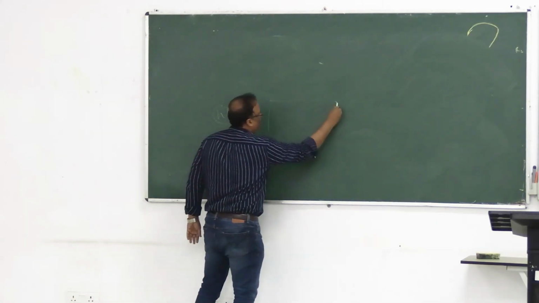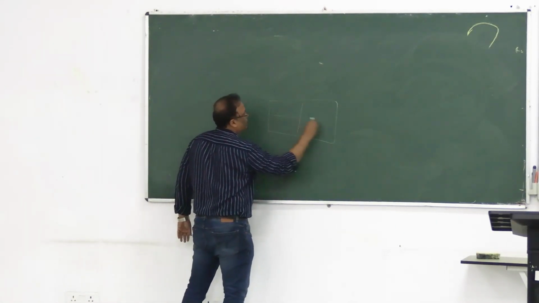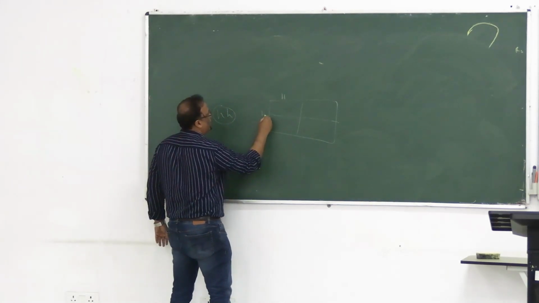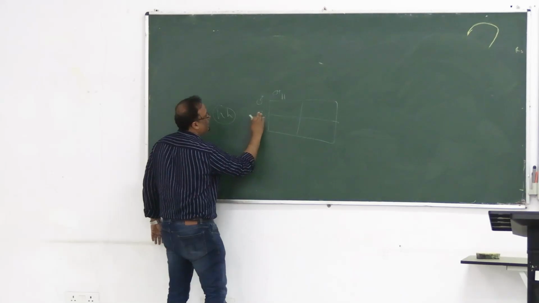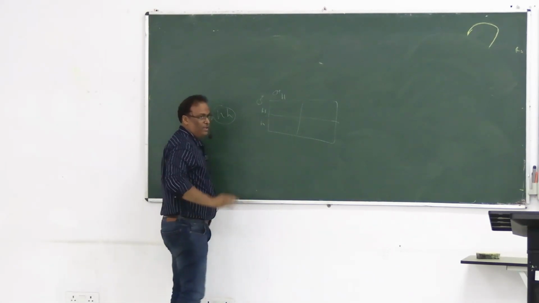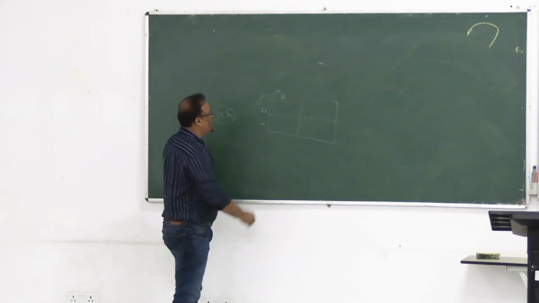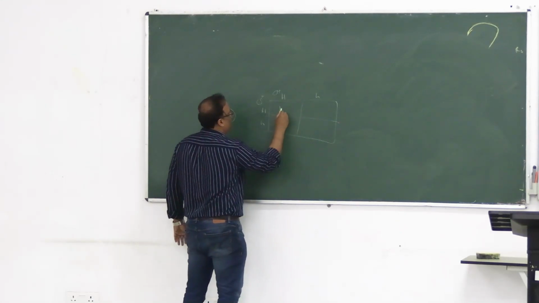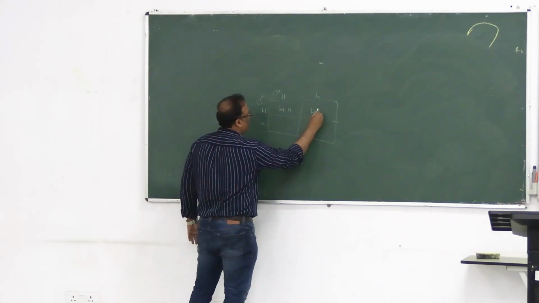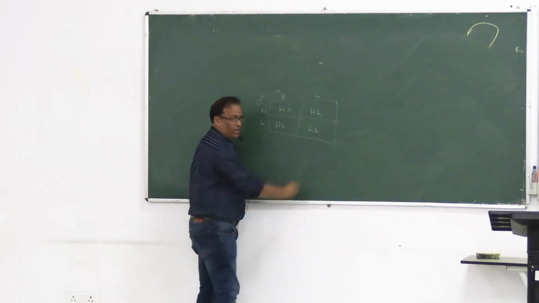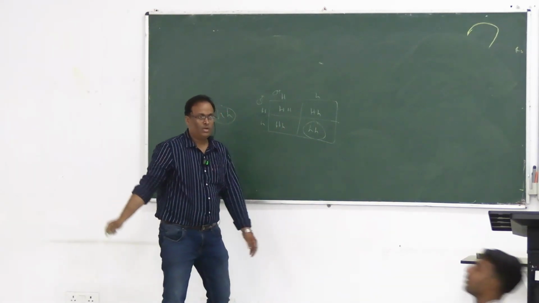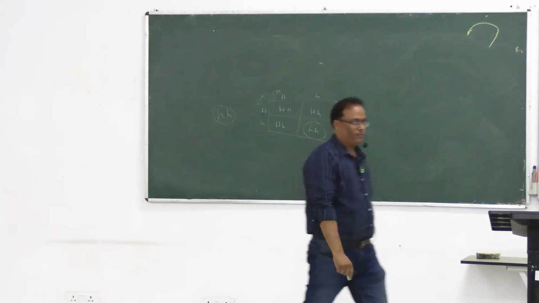Suppose I do a Punnett square with Hh and Hh, male and female. What are the possibilities? Here Hh, here HH, here hh. So there is a 1/4 chance of the Bombay phenotype, right?